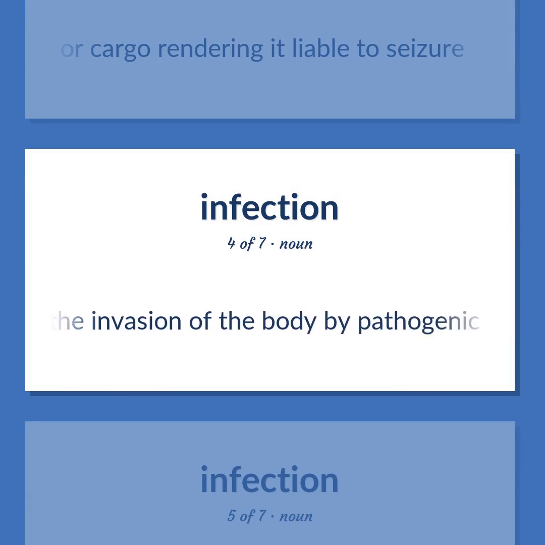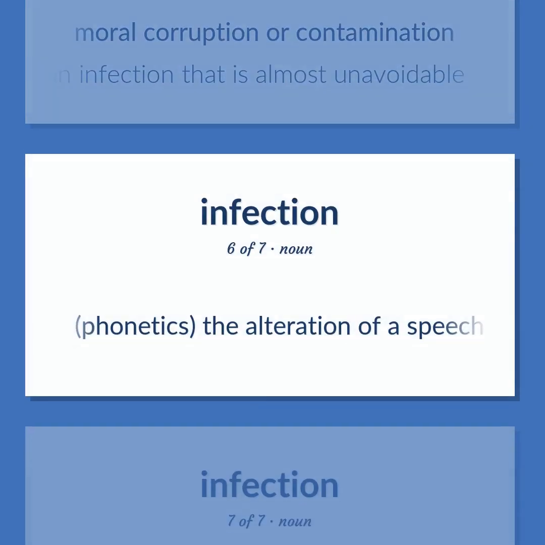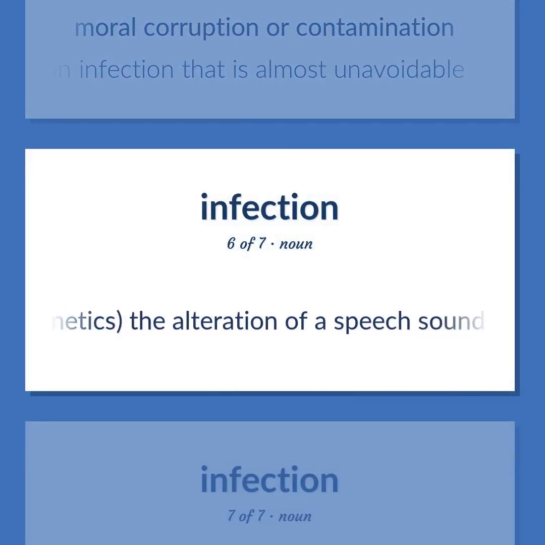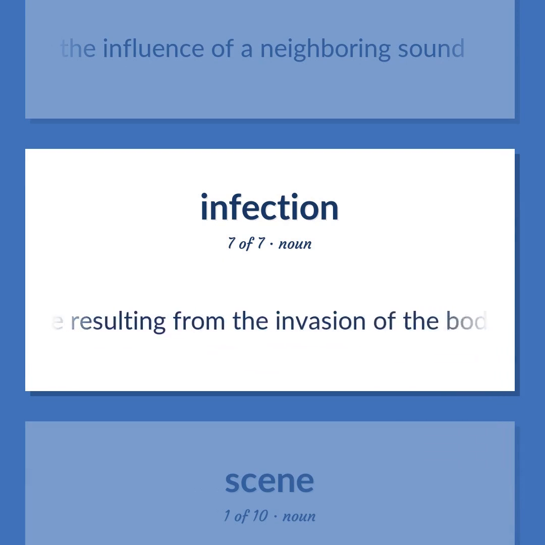Medicine: the invasion of the body by pathogenic microorganisms and their multiplication, which can lead to tissue damage and disease. Moral corruption or contamination. Ambitious men are led astray by an infection that is almost unavoidable. Phonetics: the alteration of a speech sound under the influence of a neighboring sound. The pathological state resulting from the invasion of the body by pathogenic microorganisms.